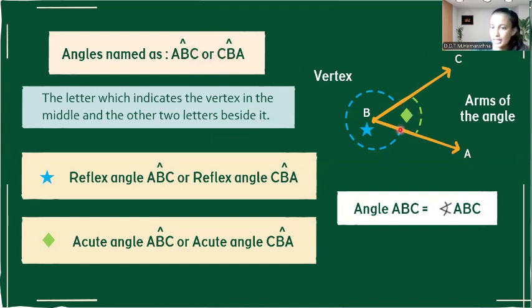Normally the vertex is used in the middle, and the angle symbol is put above the letter that indicates the vertex. See here, A, B, C or C, B, A. In both ways, B is in the middle and the symbol is put above the vertex. Okay.